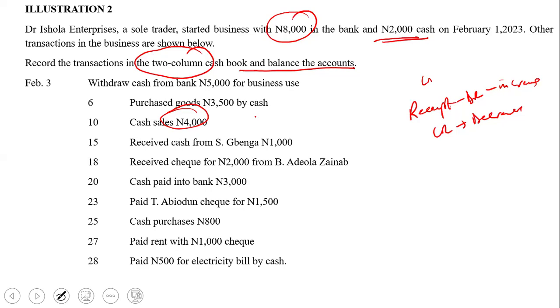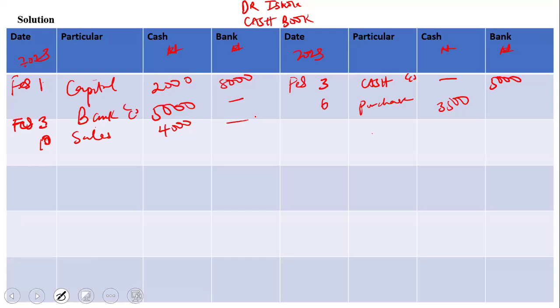Receive cash from S Benga, 1,000. So 15th of February, receive cash from Benga, how much? 1,000.